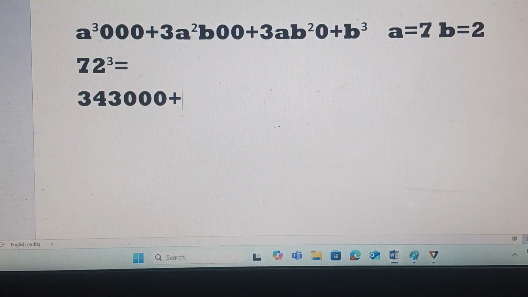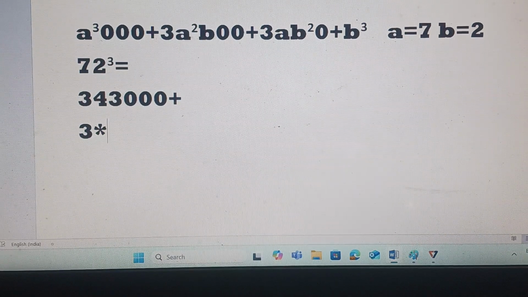Next we have 3a squared b with 2 zeros, which is 3 times a squared, which is 7 squared, 49, times b, which is 2. 3 times 49 times 2 is 294.